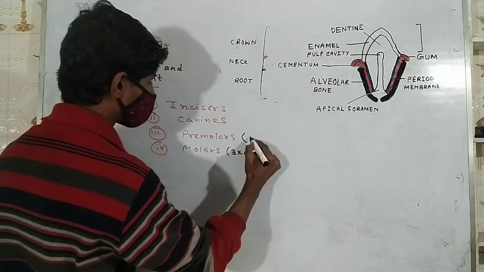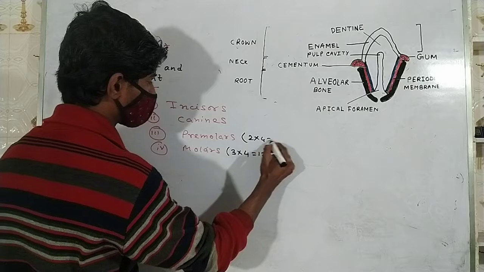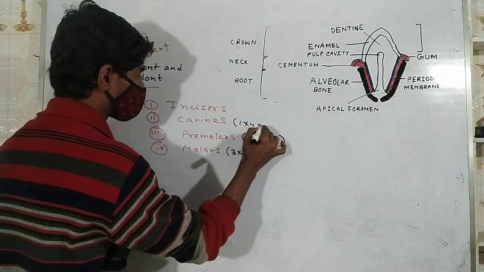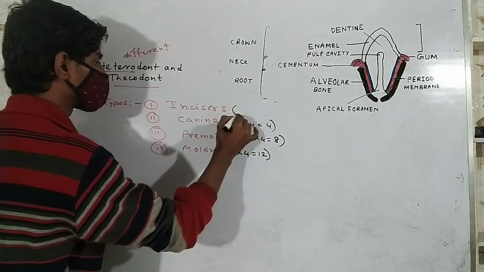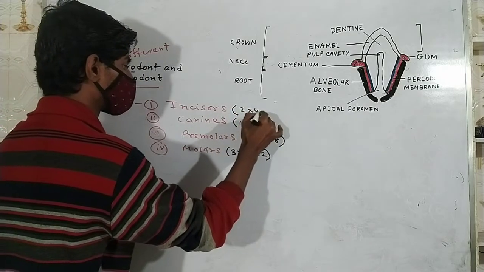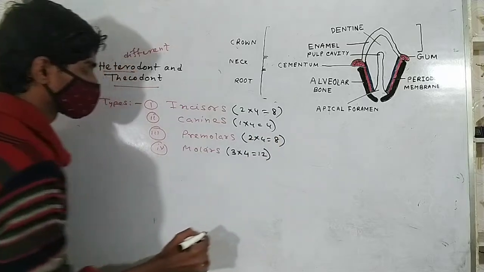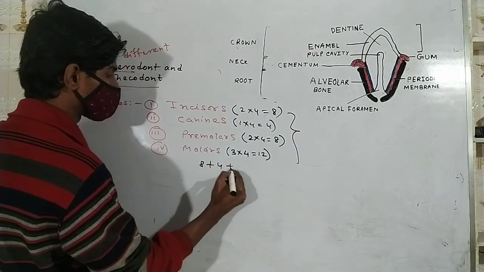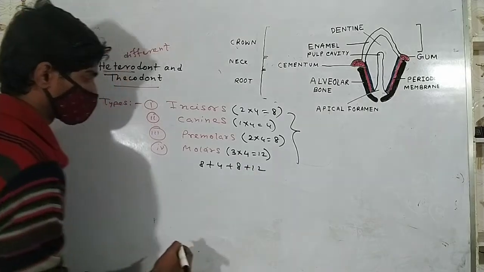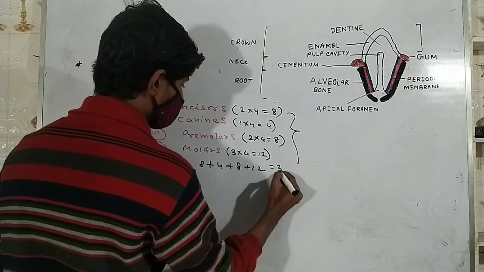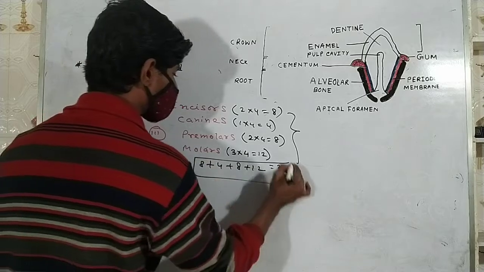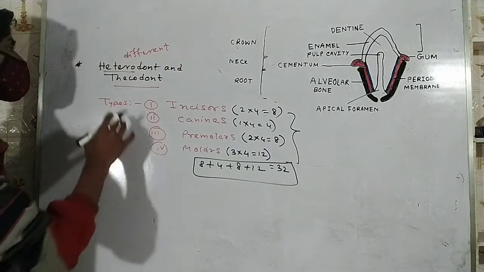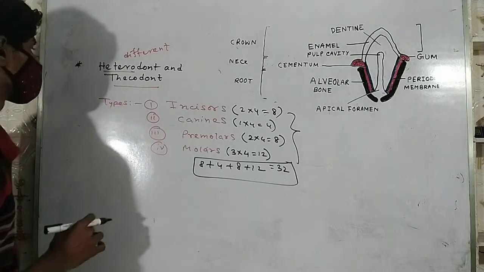We have 8 premolars, 4 canines and 8 incisors. If you add these numbers, 8 plus 4 plus 8 plus 12, we get 32 teeth. Different types of teeth are there, and that's why it is called heterodont.